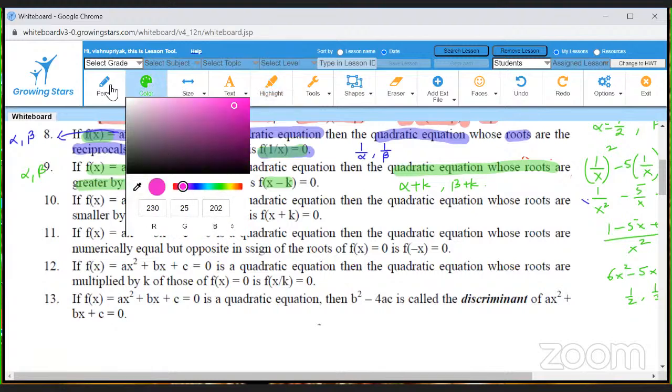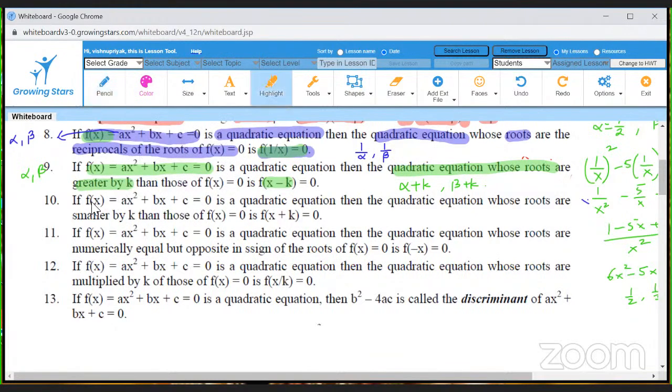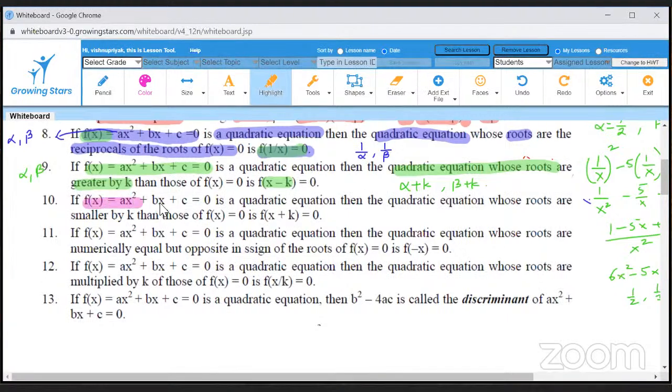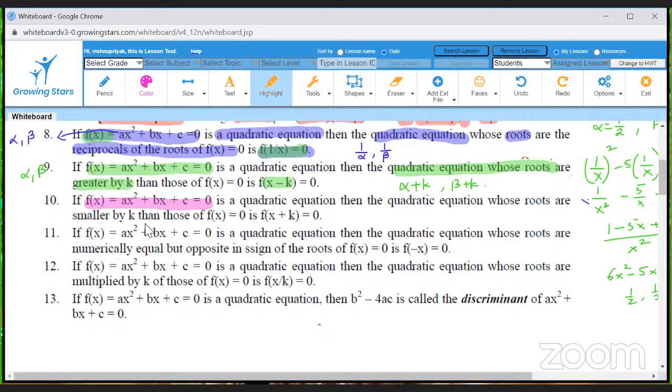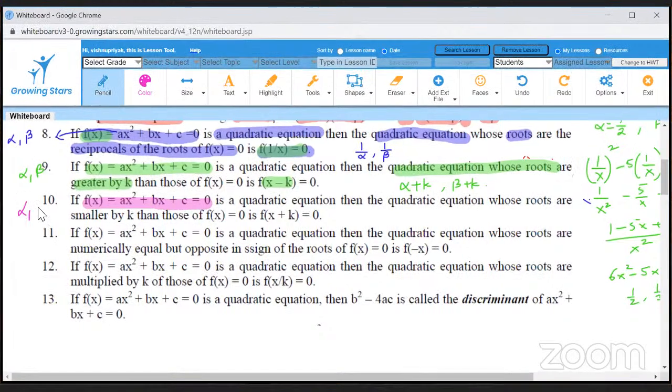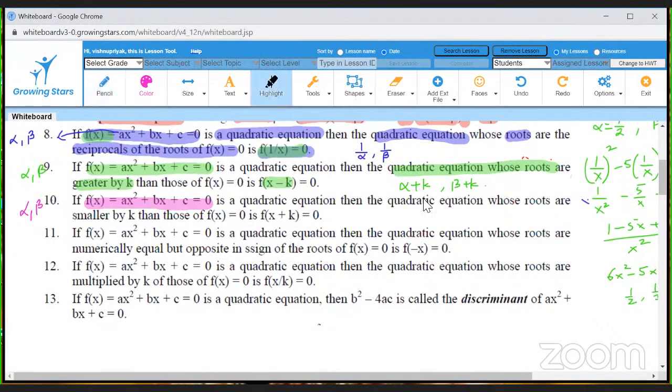Okay, the next formula. If ax squared plus bx plus c equal to 0, the quadratic equation or f of x, has roots alpha, beta, and now you have to form a new quadratic equation whose roots are smaller by k.